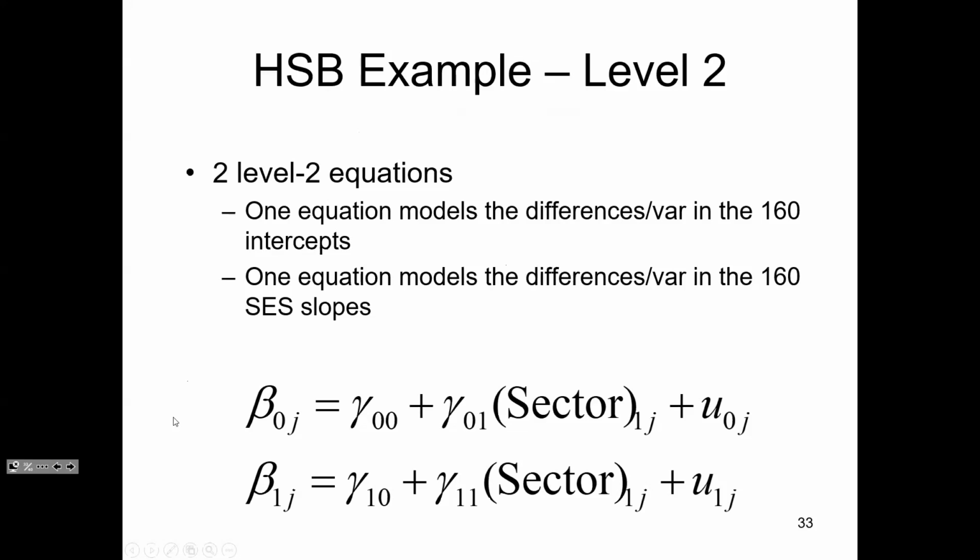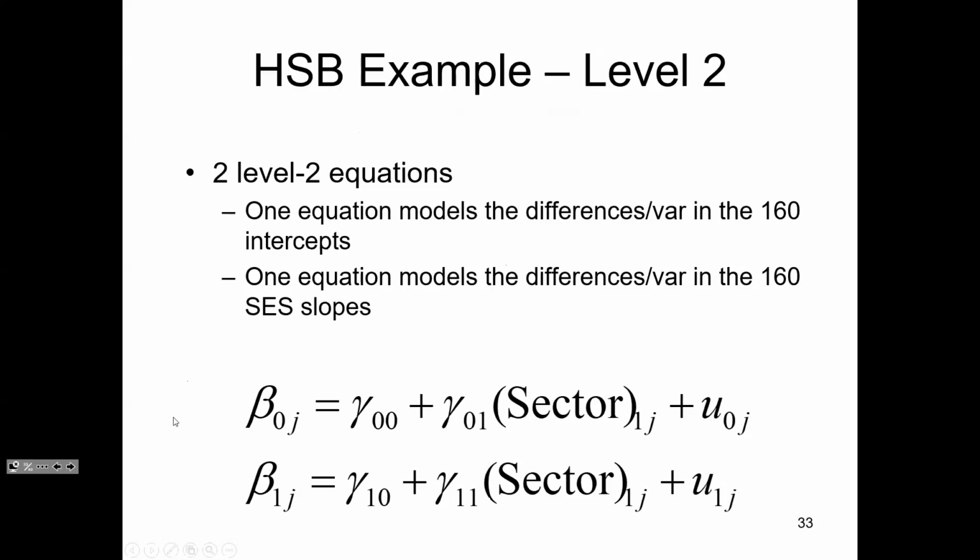If sector can help us to explain why SES is a better predictor of math achievement in some schools than others, then that's really what this gamma 11 is getting at. And remember, we said gamma 11 is a cross-level interaction because we're really talking about what's the effect of sector on the effect of SES on math achievement, right? Which I know sounds like a mouthful, but if you really think about it, it makes sense.